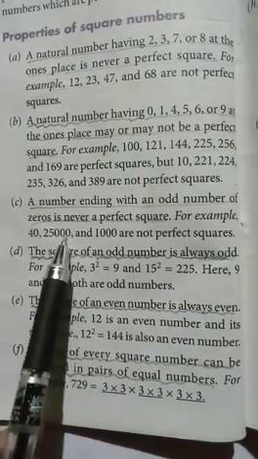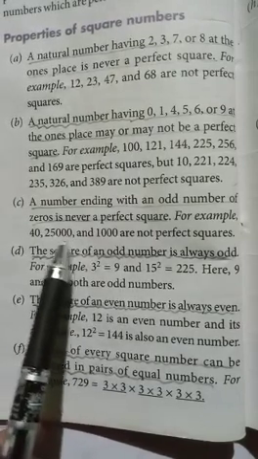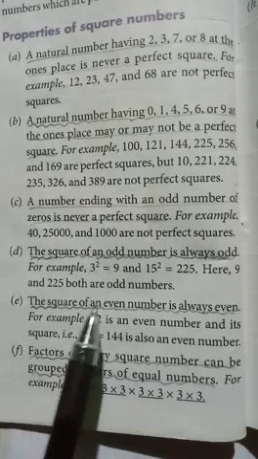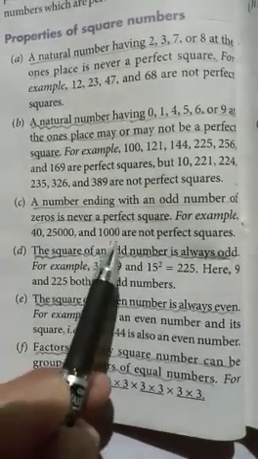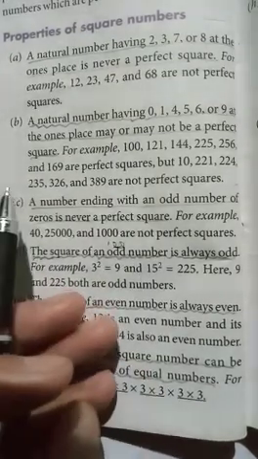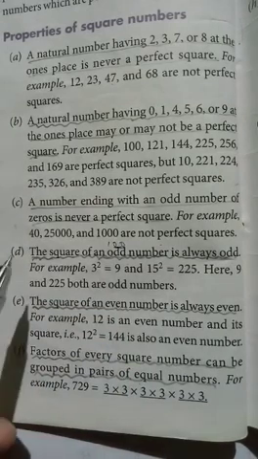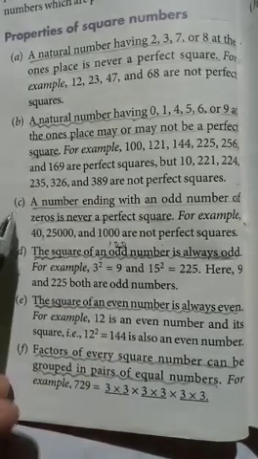Then if you have 0s at the end, you count them here: 1, 2, 3. If you get an odd number of 0s, it is not a perfect square. But if you get an even number, suppose here you may have 100, you can see there are 2 zeros. If you get 2, 4, or 6 zeros, then it is a perfect square. But if you get an odd number, it is not.